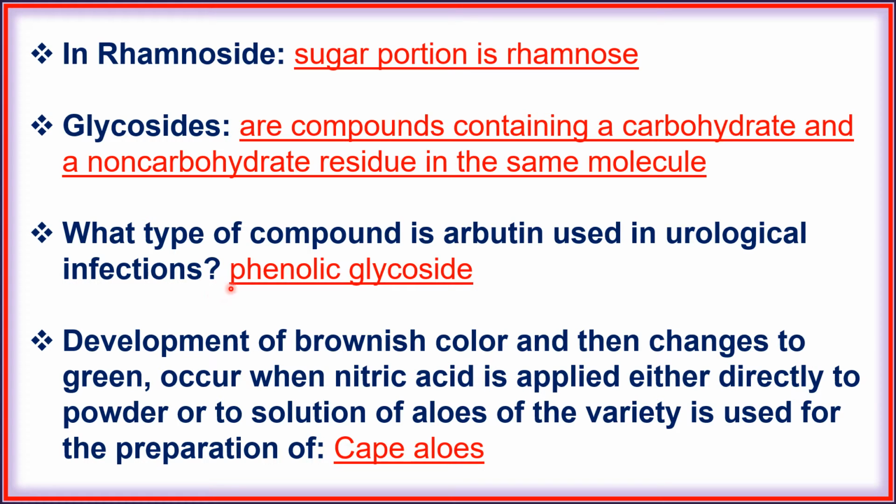That is phenolic glycoside. Next, development of brownish color and then change to green occurs when nitric acid is applied either directly or to the powder or to solution of aloes of the variety used for the preparation of Cape aloes.